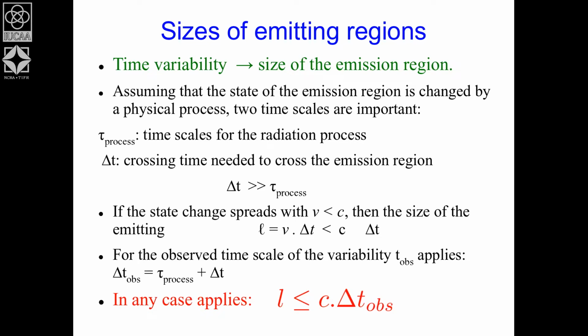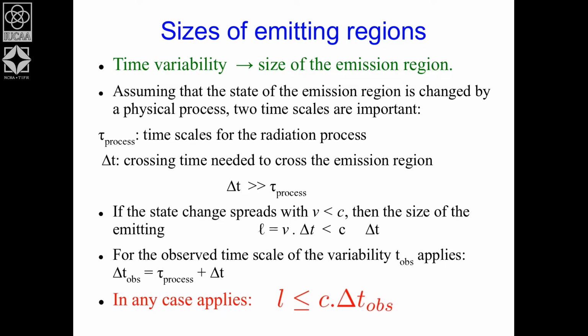In such a case, there are two time scales which are important. One is the time scale for the radiation process, this tau process. Let's say you are talking about synchrotron radiation, for example, when the particles are accelerated and the radio emission is arising, or the synchrotron emission in the optical UV bands is arising, what would be the time scale?